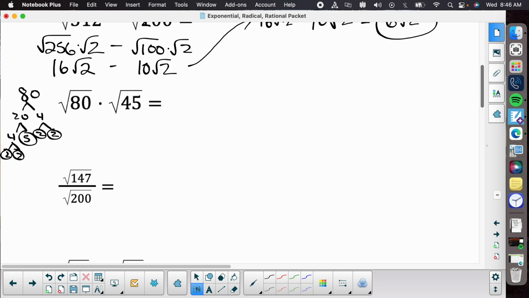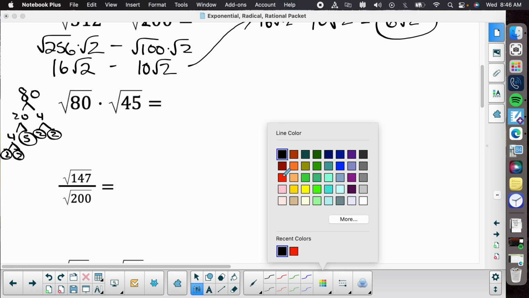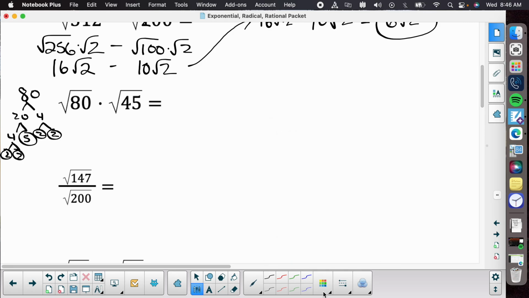We looked for pairs of numbers. So as I'm doing these problems with the factor tree method, I'm looking for pairs of the same number. So I've got a pair of 2's and a pair of 2's and a 5 that's not a pair. The way these work, if you have a pair, that number would be written on the outside of the square root.